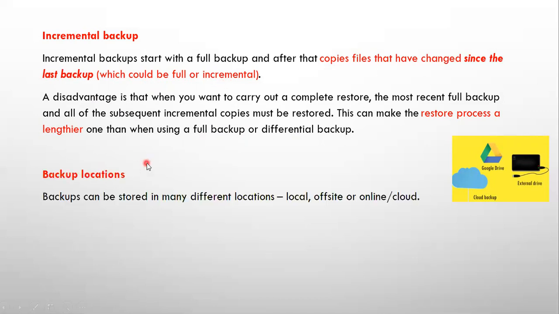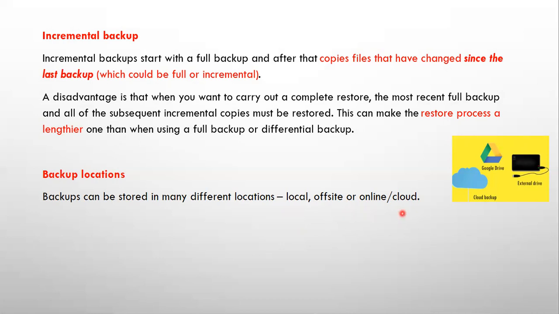Now your backup locations. Backups can be stored in many different locations. It can be local, on your local hard drive or on site where your information is. It can be off-site, on an online or a cloud. Now it's best to store backups off-site for safety reasons, or on an online or a cloud.